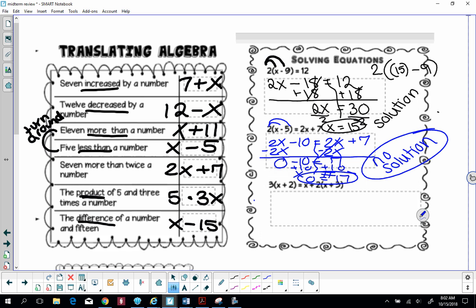Over here, last one, you end up getting 3x plus 6 equals x plus 2x plus 6. When you do this and combine like terms, what's x plus 2x? 3x.